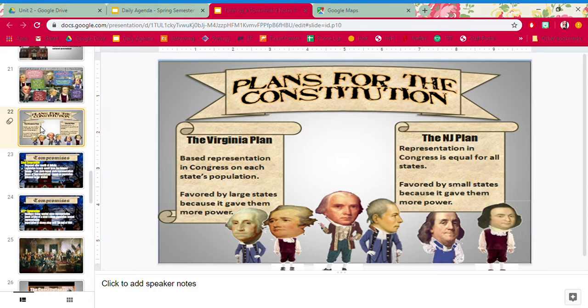And the large states really liked this plan because it gave representation in the government based off of population in the state. So if you had a state with more people in it, you had more representatives in the government.